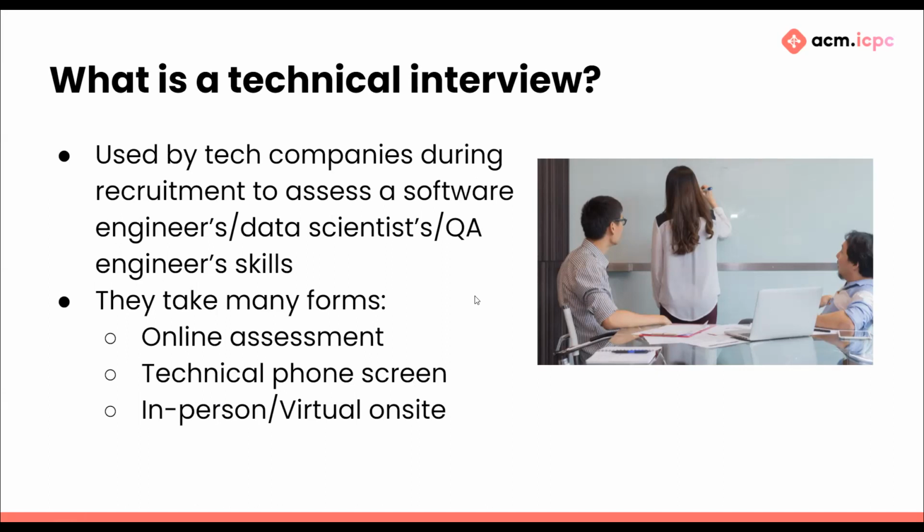You go on site, you sit in front of the person or persons, and you do the same interview there. Despite having all these different types of interviews, the main idea of all of them is the same, and tackling them uses the same approach. So we'll be talking about the technical skills used in these interviews and how to approach them.